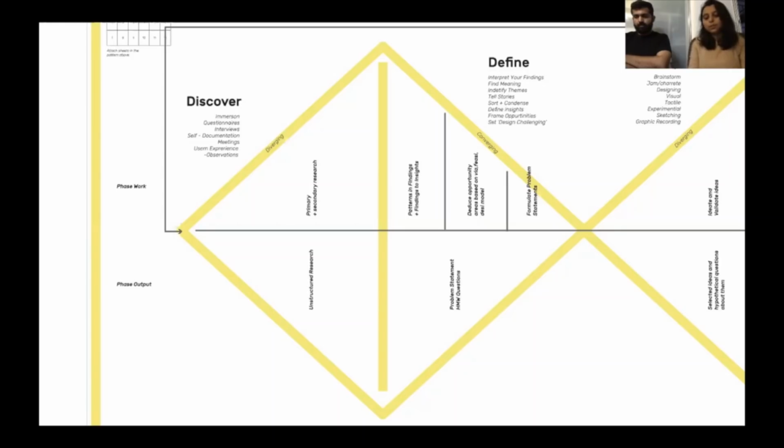You'll have documented audios, notes, videos, images, sketches, doodles like the ones you drew right now, and a large set of information that you've gathered by talking to so many people and by gathering so much information, which is why the next part is converging.